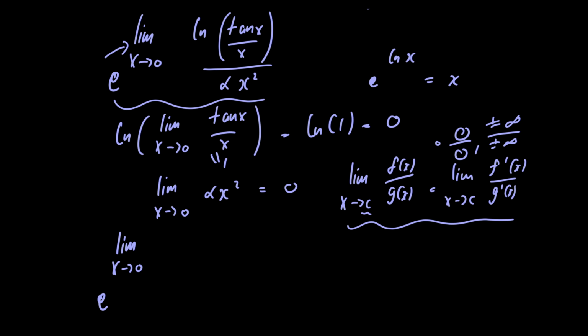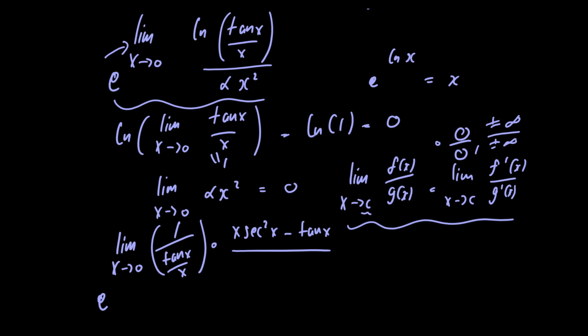Now we can find the derivative of the numerator by using the chain rule. The derivative of the natural logarithm of some function is just 1 over that function, so we just have 1 over tangent of x divided by x. And this is multiplied by the derivative of the inside part, which we can find using the quotient rule. So we have x multiplied by secant squared of x minus tangent of x, divided by x squared.